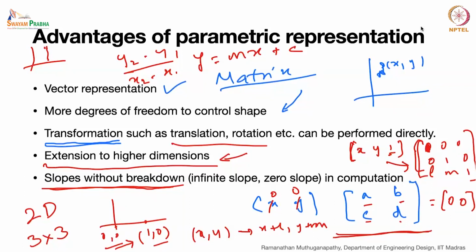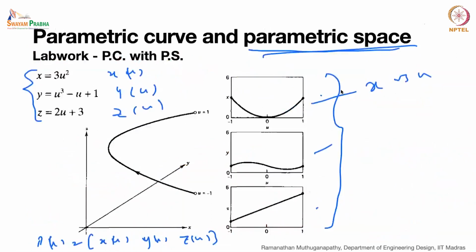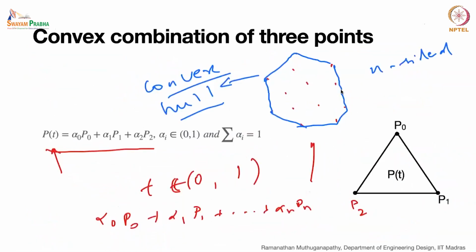So any doubts so far, guys? Anybody? Sir, when you explained the parametric representation for a convex combination, where you put endpoints, you drew a polygon which you said was n-sided, but my doubt is... So essentially, that is kind of a loose definition.